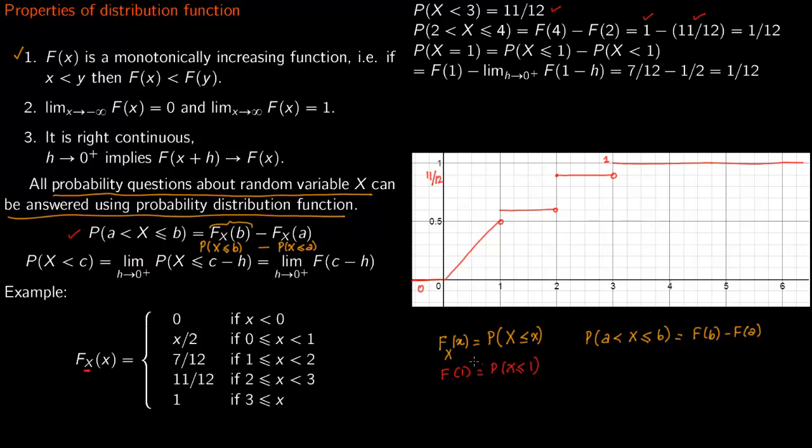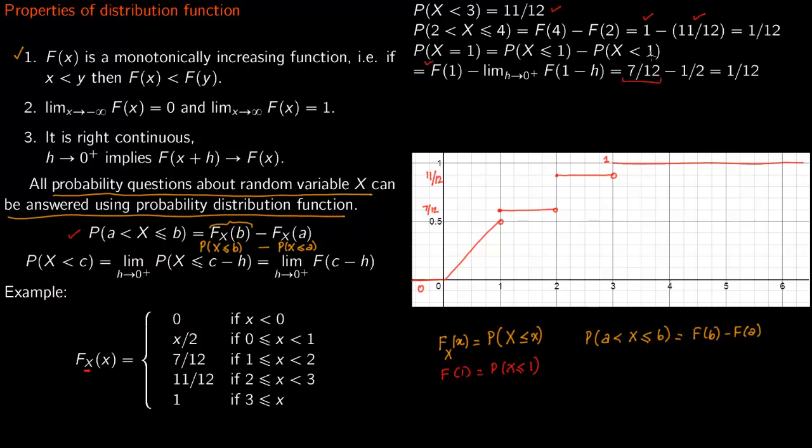So what is F of 1? There is a hole here, you have to jump up right here. So F of 1 is right here, which is 7 by 12. Because there is a hole here, we have to take this value.